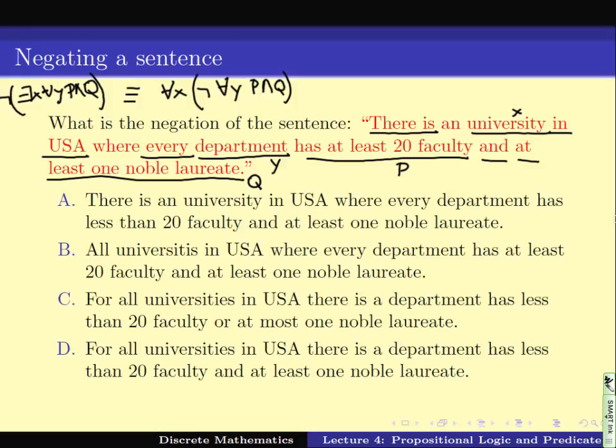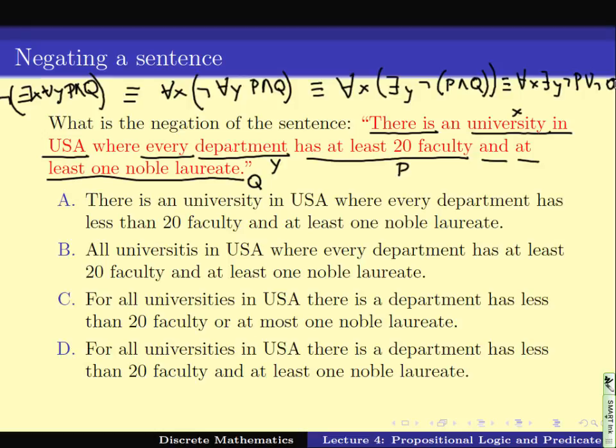The not of for all Y is the same as, so the first outer term remains the same, and not of for all Y becomes there exists Y, not of P and Q. Now once we have not of P and Q, we can apply De Morgan's law and see that this becomes for all X, there exists Y, not of P or not of Q.